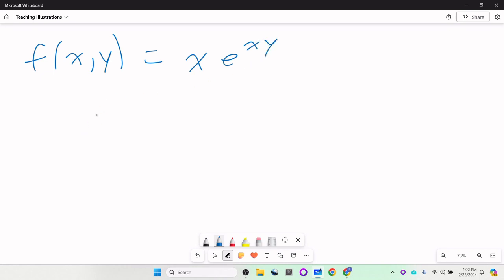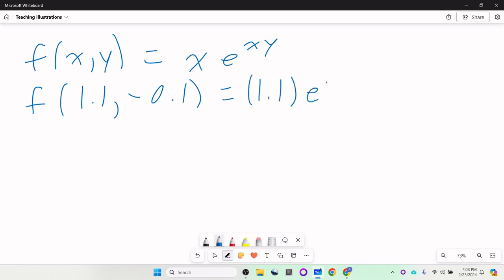So if you were to give a calculator this problem, find f of 1.1, negative 0.1, what is it actually going to do? Because all calculators really can do is add and multiply. That's what they're good at. So what would it do here?